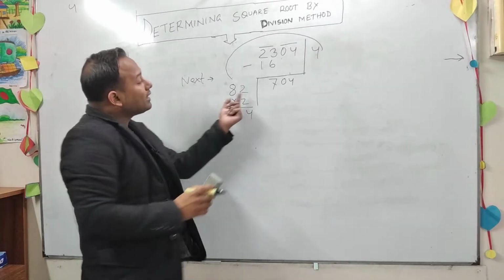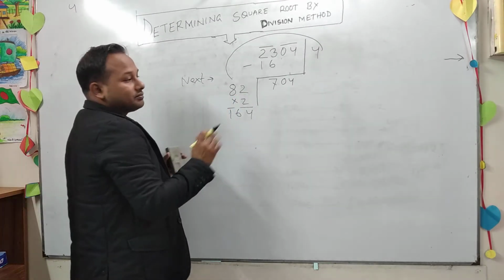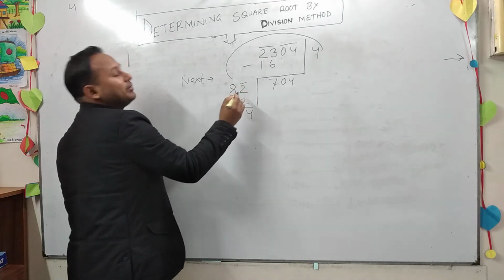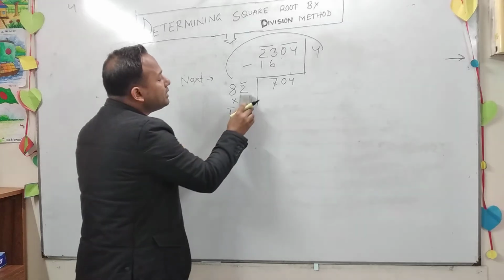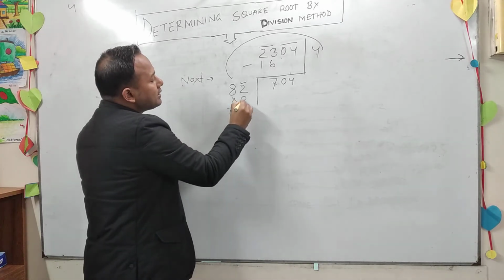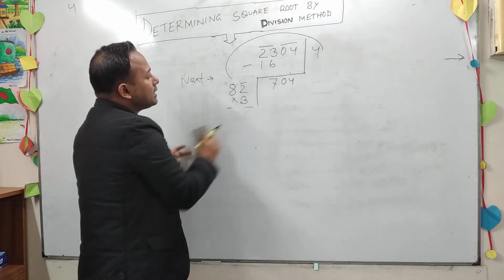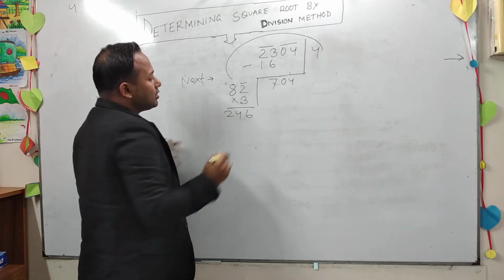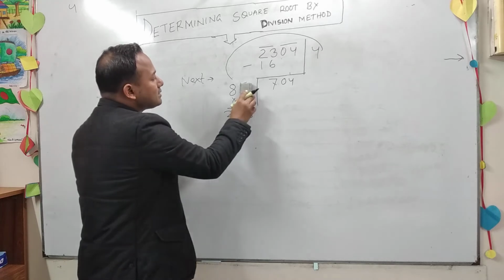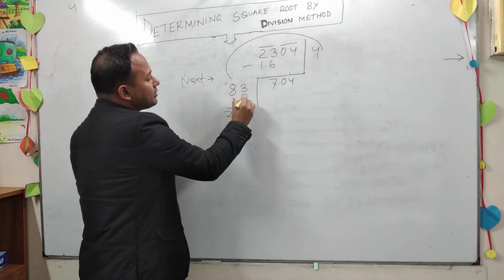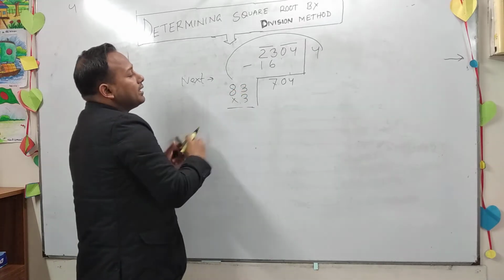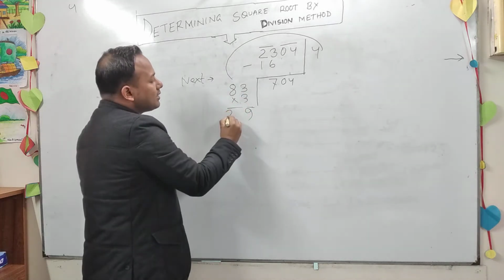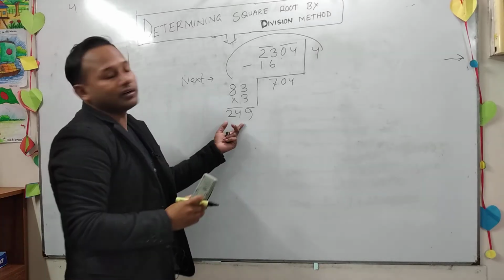Remember this, whatever number you take here, you will have to multiply with the same number. If you take 3, 3 3s are 9 and 3 8s are 24, so that is 249.